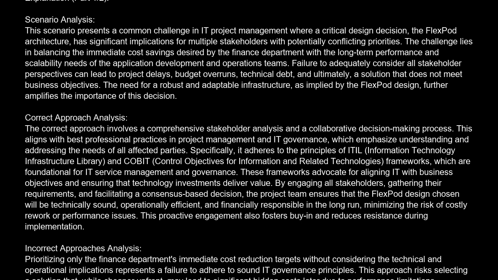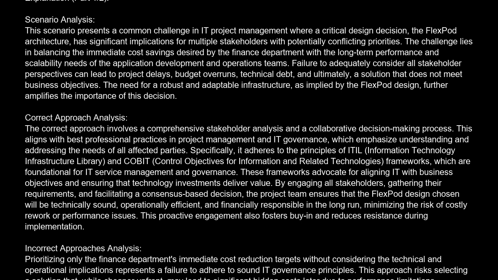These frameworks advocate for aligning IT with business objectives and ensuring that technology investments deliver value. By engaging all stakeholders, gathering their requirements, and facilitating a consensus-based decision, the project team ensures that the FlexPod design chosen will be technically sound, operationally efficient, and financially responsible in the long run, minimizing the risk of costly rework or performance issues. This proactive engagement also fosters buy-in and reduces resistance during implementation.